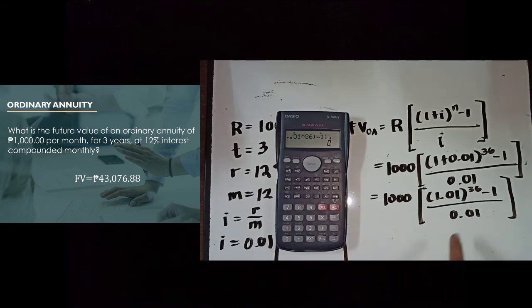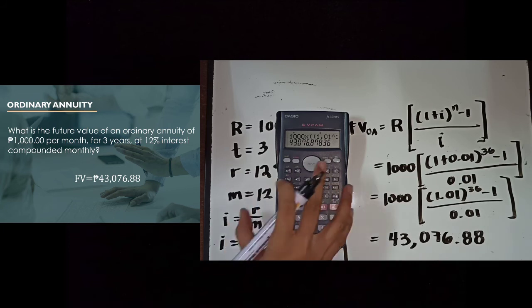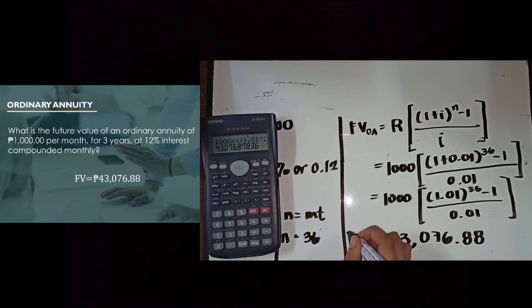So, over 0.01. That is equal to 43,076.87836 or 43,076.88. Again, that is our future value of ordinary annuity.